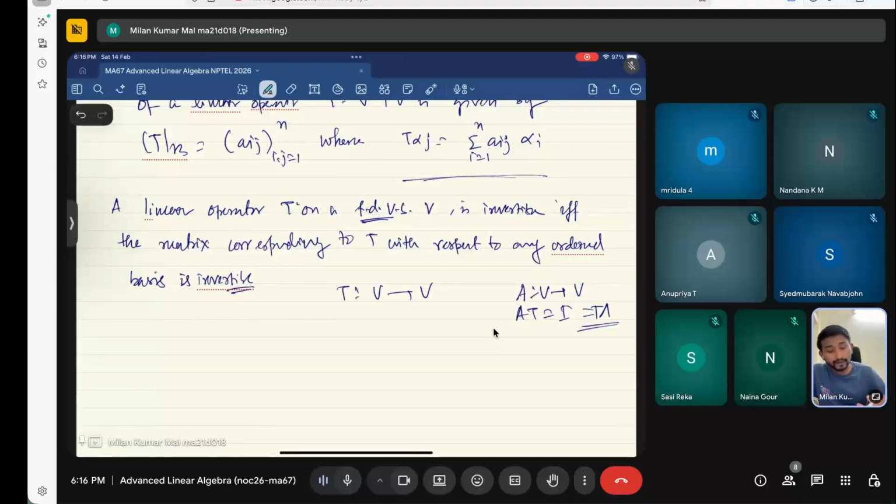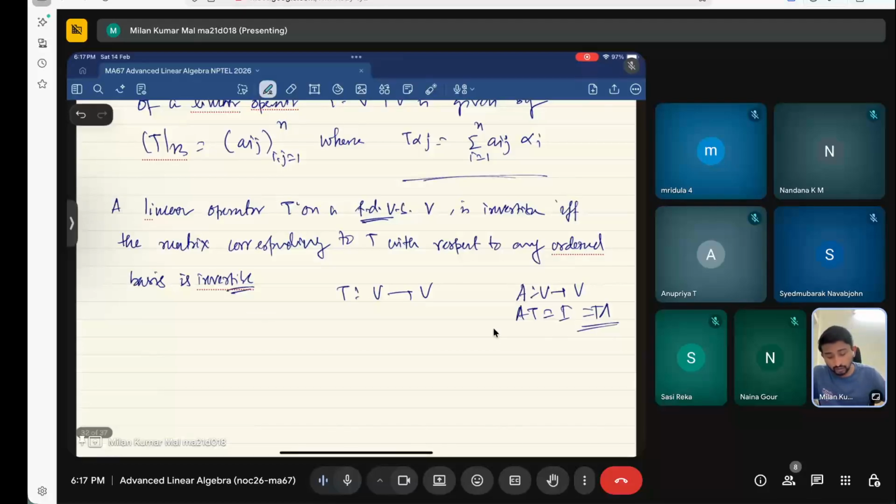But that fact is equivalent to this: if we take an ordered basis of the vector space V and find the matrix representation of the linear operator T with respect to that ordered basis, if that matrix is invertible, then T will be invertible. But when will a matrix be invertible? If the determinant is non-zero.